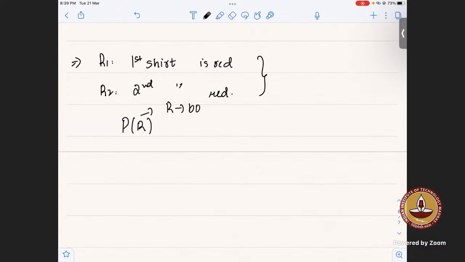Yeah, that is better, because R1, R2 is getting a little confusing. So we'll just deal with the probability R that both are red.